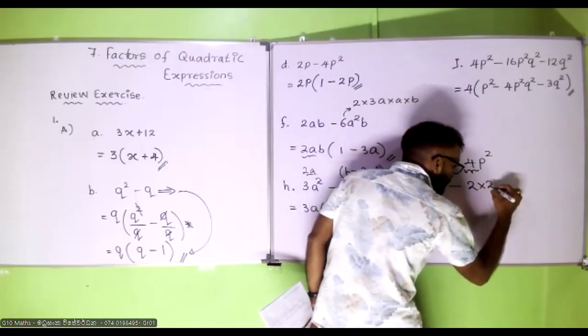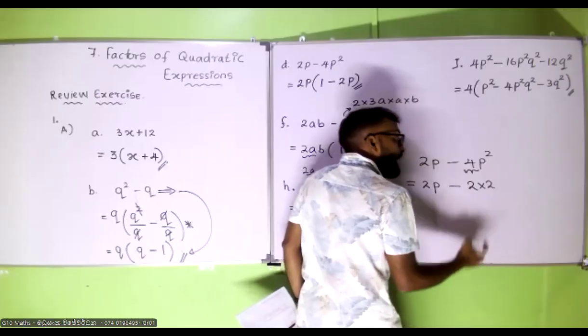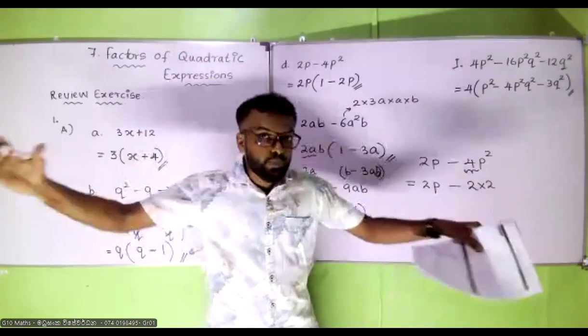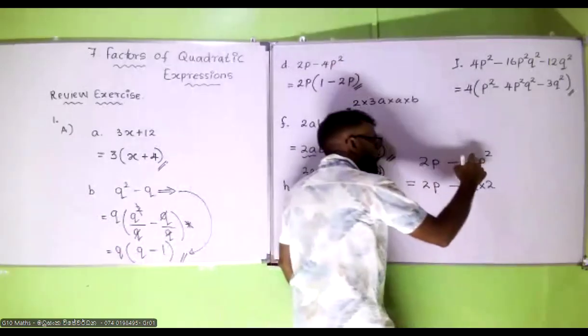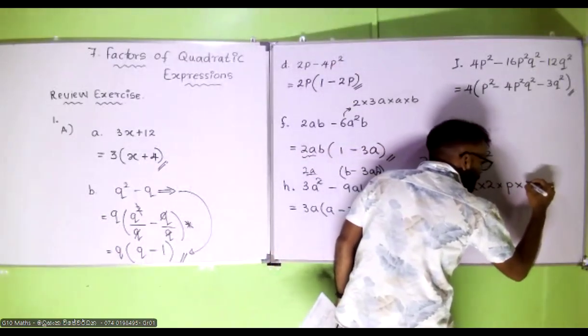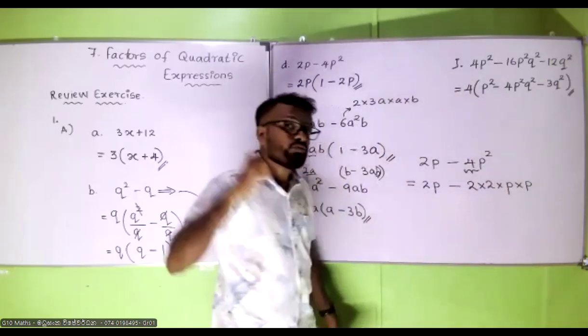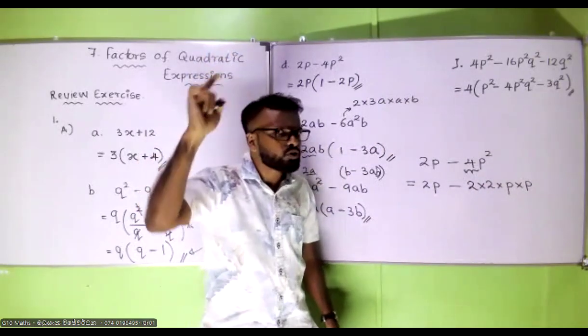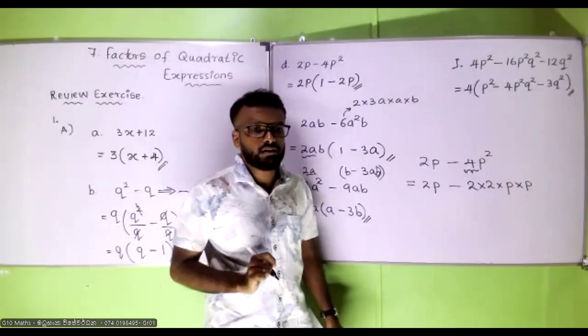That is 2 multiplied by 2. And how are we going to write p squared using the expansion? p squared means p multiplied by p. This is what you have done in grade 8, and grade 7 also, if I am correct.